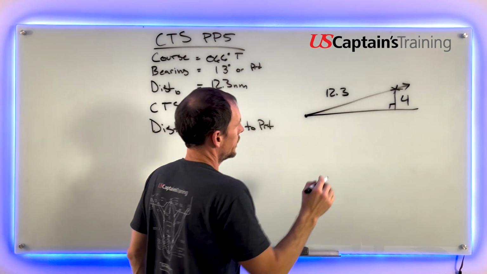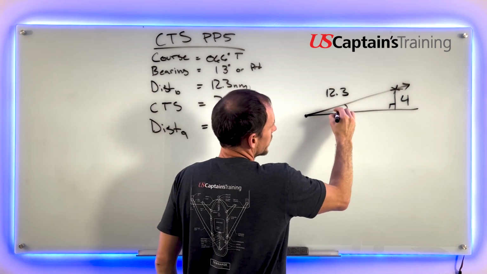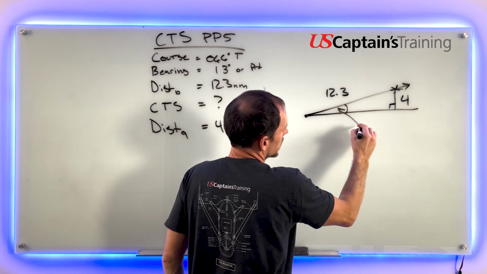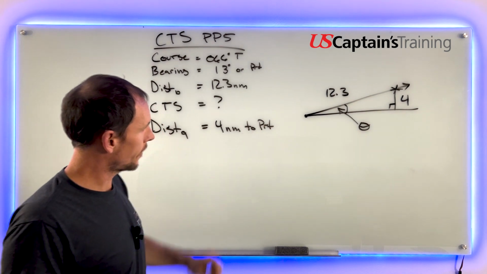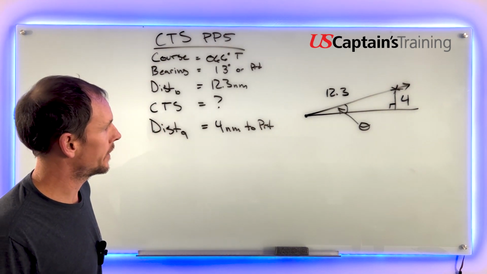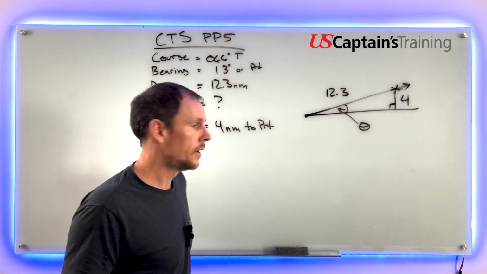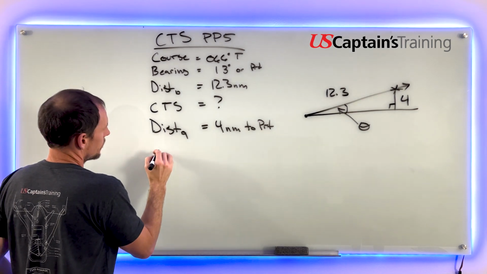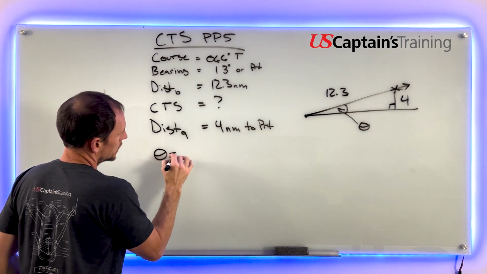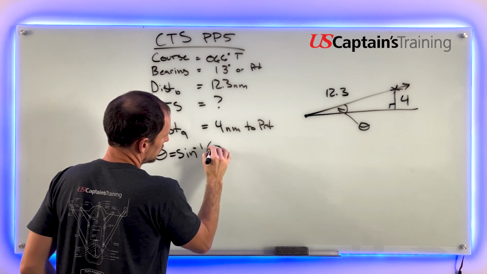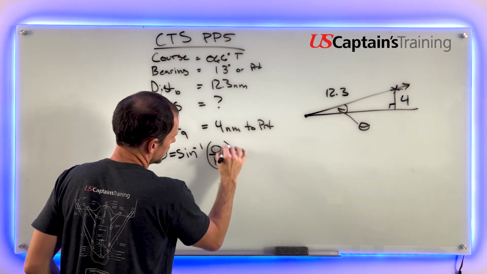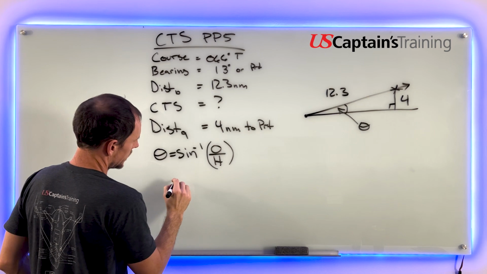And we need to find this angle here, which we call theta. Good. Let's find that angle. How do we find that angle? We're going to use a formula. Our formula says theta equals sine inverse of opposite divided by the hypotenuse. That's going to give us theta.